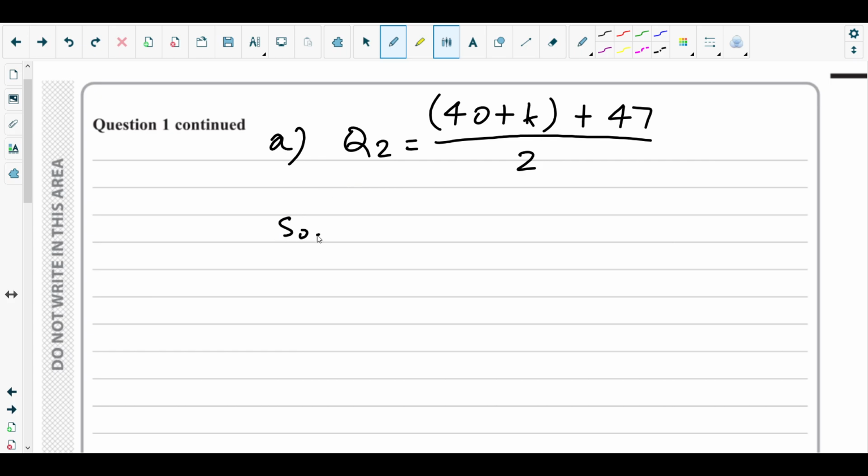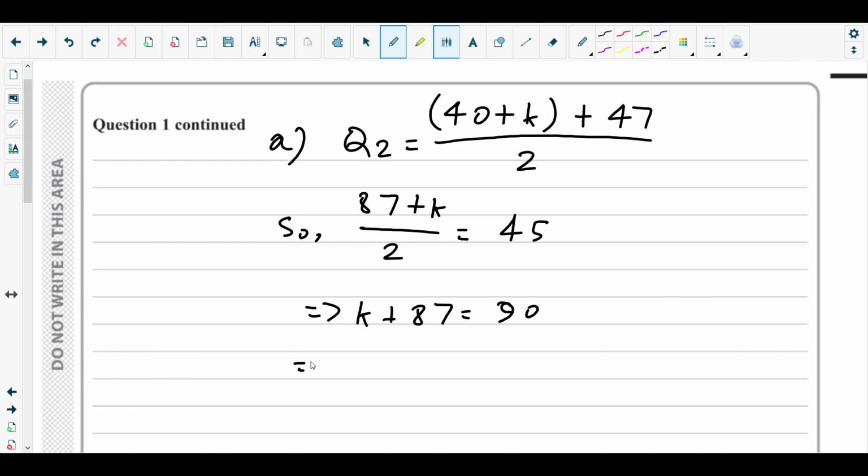So 40 plus 47 is 87, plus k, over 2. This equals the median, which they said is 45. So k plus 87 equals 90. So k would be 90 minus 87, that is 3.